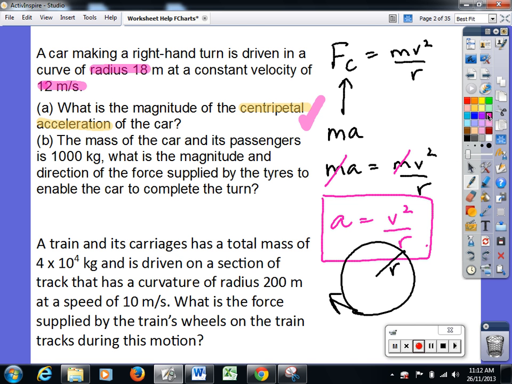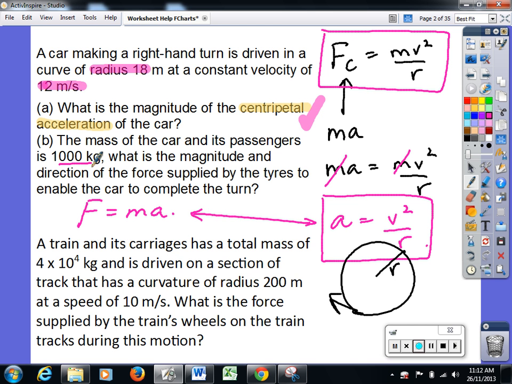Now the force, you could go all the way back and use the centripetal force formula if you would like to, or you can just simply realise again that force equals mass times acceleration. You've already found the acceleration over here and you just need to multiply by the mass. The direction of a centripetal force is always directed towards the centre. That's its definition. Centripetal force acts, no matter where you are on the circle, inward towards the centre.